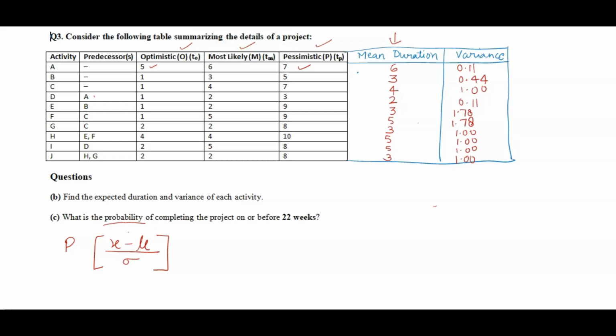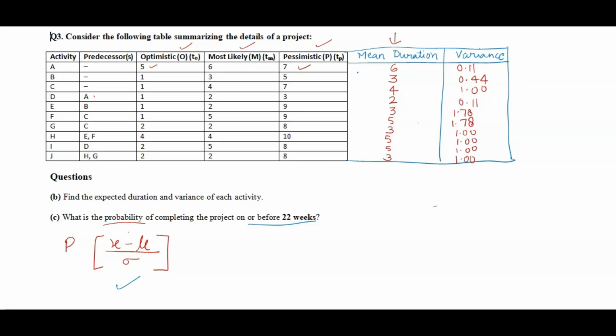With the help of this you can find the probability. The question is, what is the probability of completing the project on or before 22 weeks, within 22 weeks? The formula is x minus mu divided by standard deviation. Here x is just this 22.